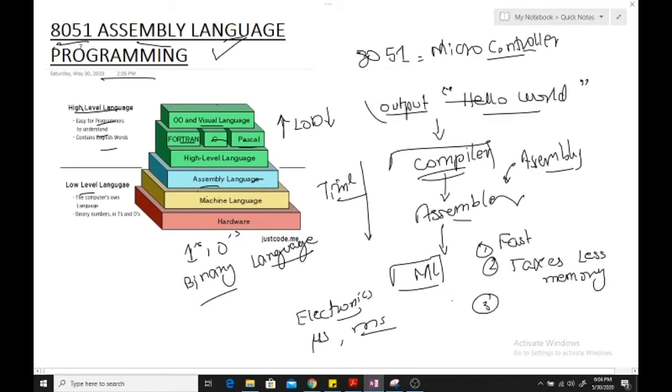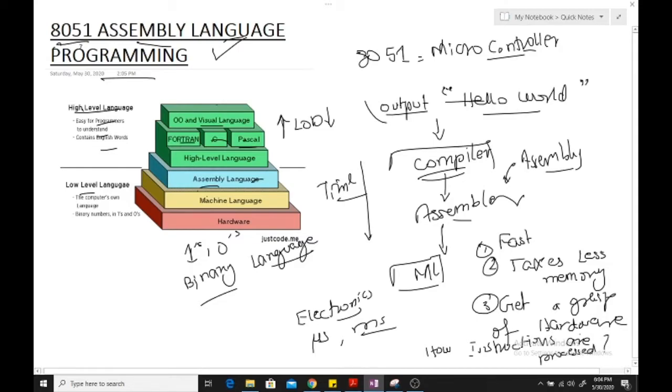Another benefit that we can get from assembly language is that it helps a programmer to get a good grasp of hardware, and how instructions are processed. So these are a few benefits of the use of assembly language. Now I hope you understand why assembly language is used.